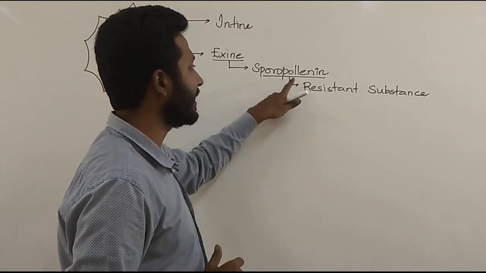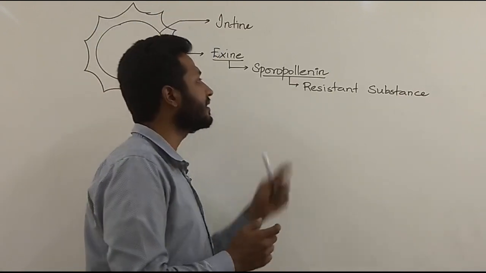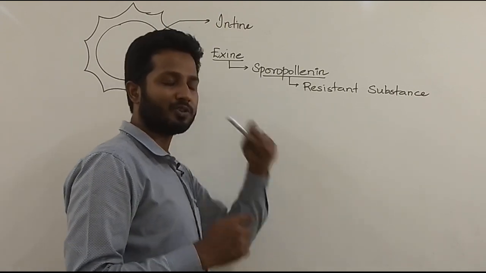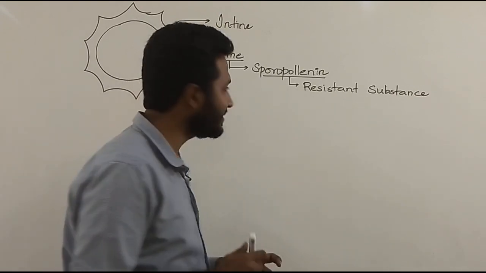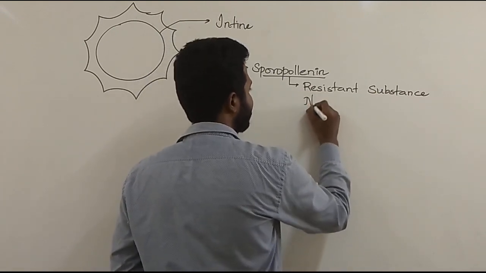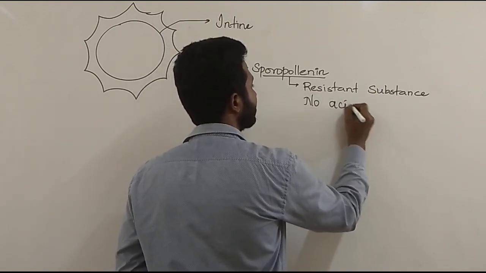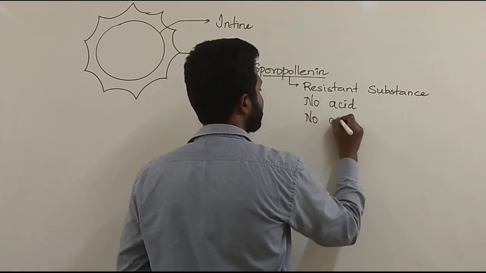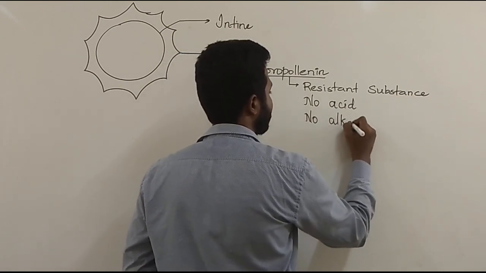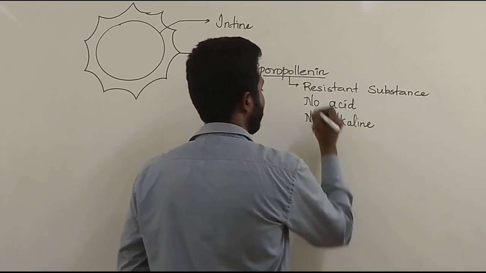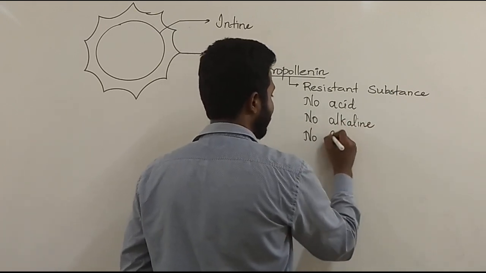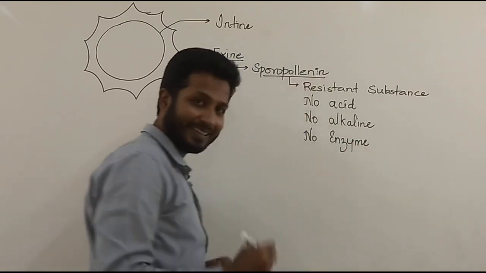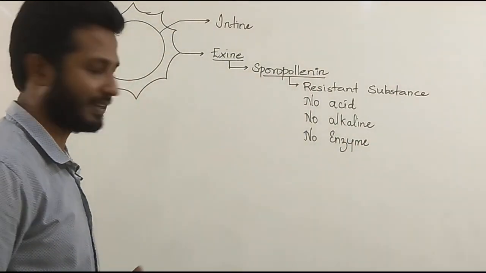So exine is made up of a special chemical called sporopollenin, and this sporopollenin is one of the most resistant substances because there is no acid, no alkali or base, and no enzyme which is going to degrade this particular layer.